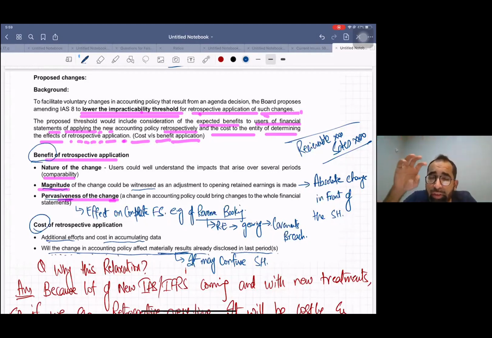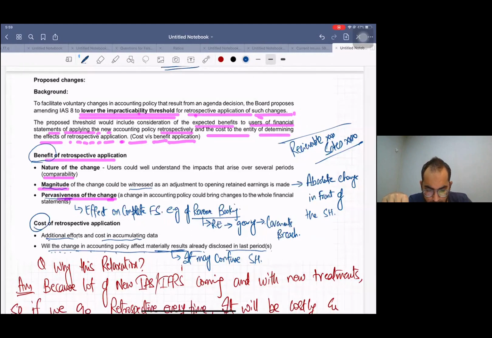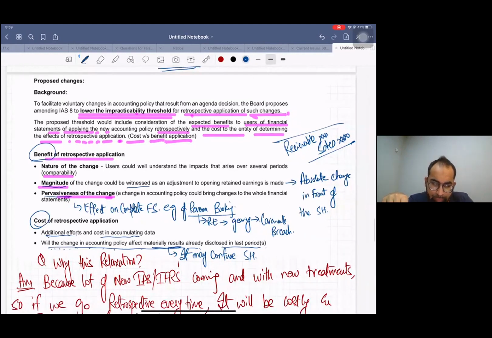Because it is difficult to understand the retrospective data, the last year's retrospective workings. So this is also a question raised by many people, that is, is this relevant for shareholders or not? Okay, so this is the new current issue.